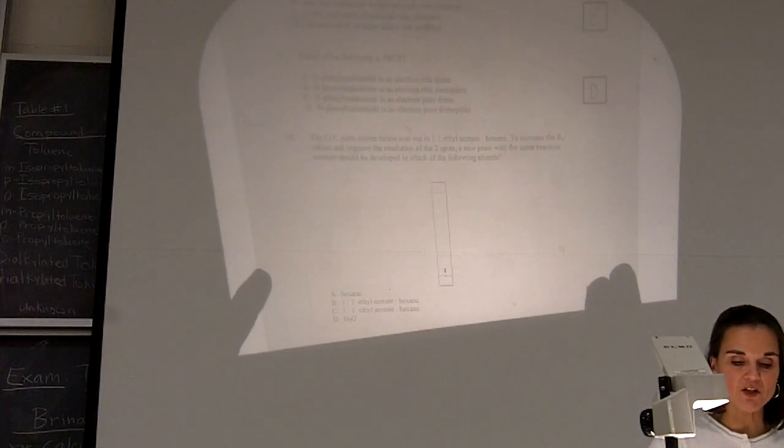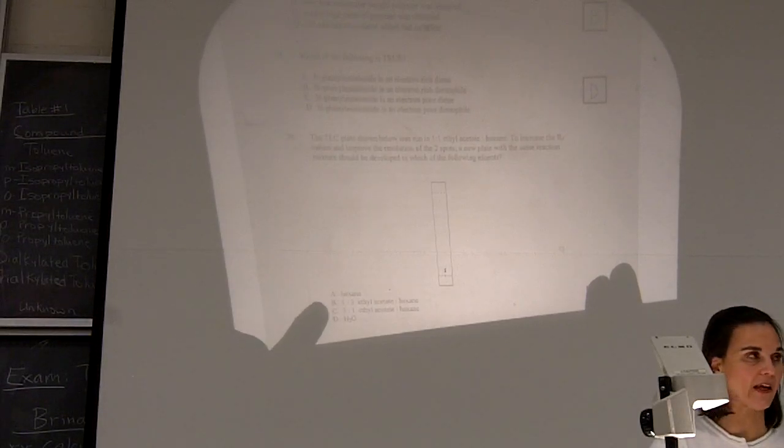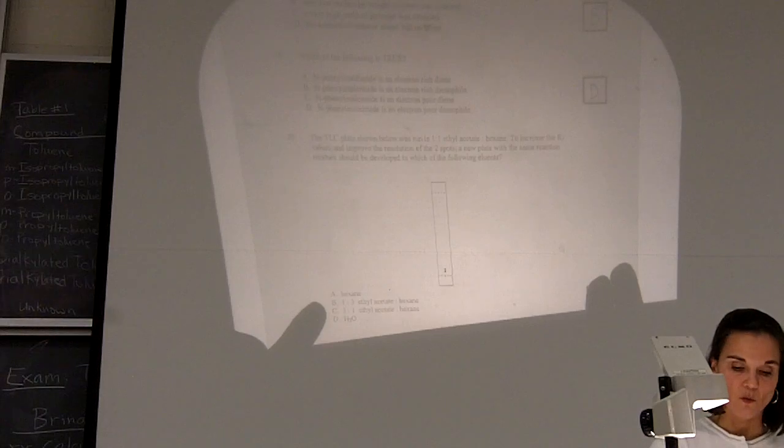The TLC plate shown below was run in 1:1 ethyl acetate hexane to increase the Rf values and improve the resolution of the two spots. A new plate with the same reaction mixture should be developed in which of the following eluents? Just hexane? No. 1 to 3 ethyl acetate to hexane?